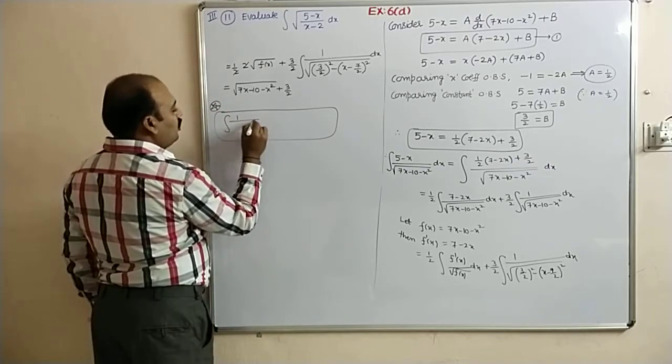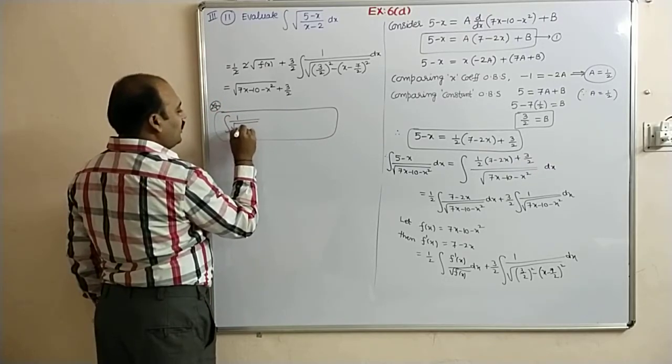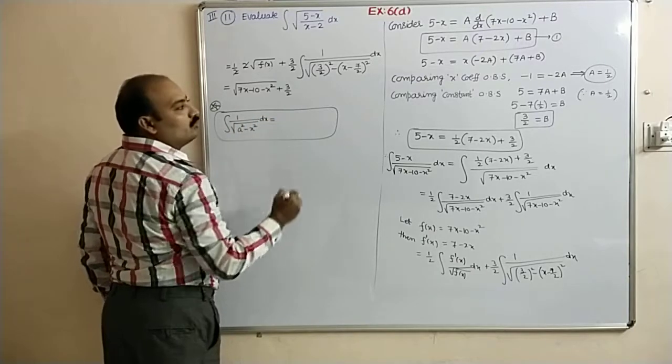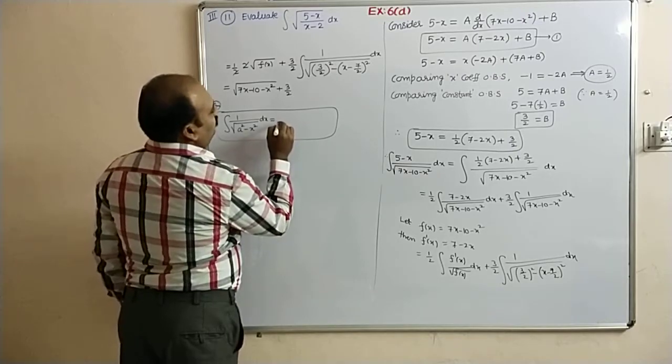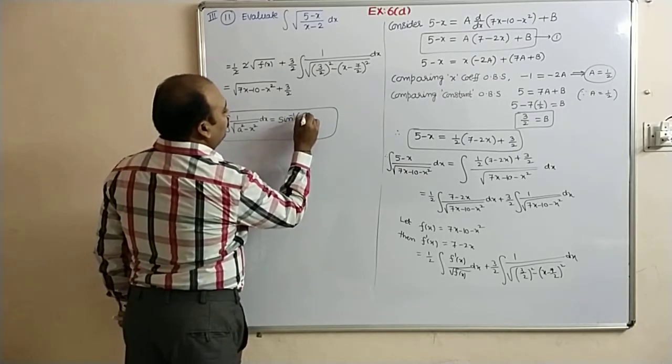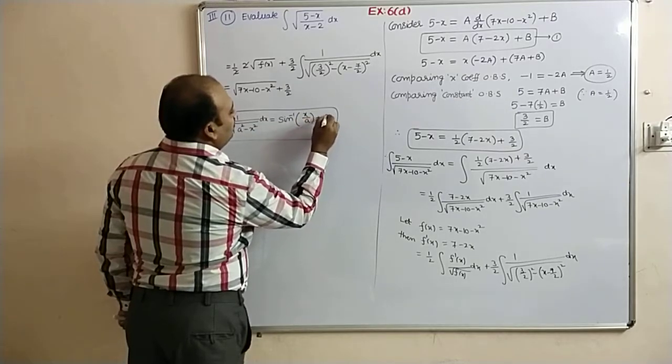Integral of 1 by root of a square minus x square into dx is equal to sine inverse of x by a plus c.